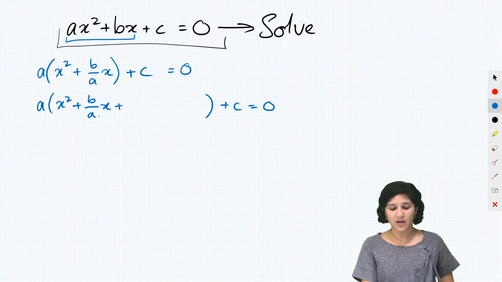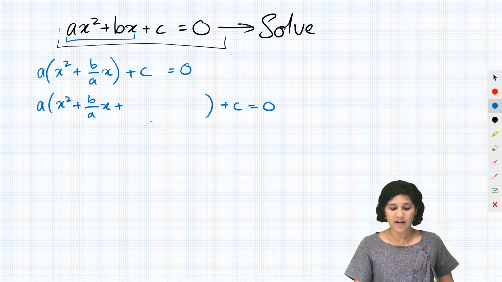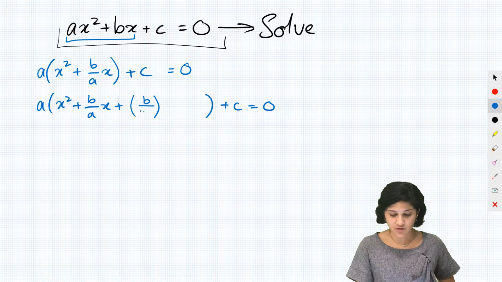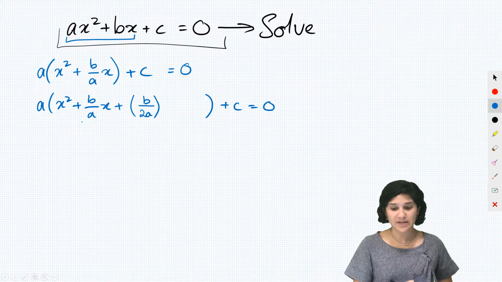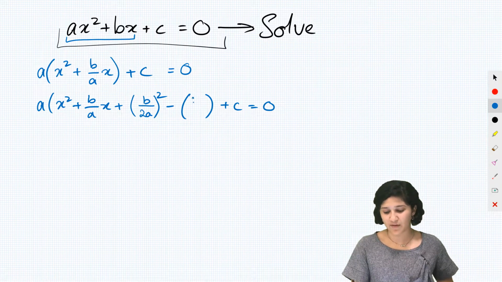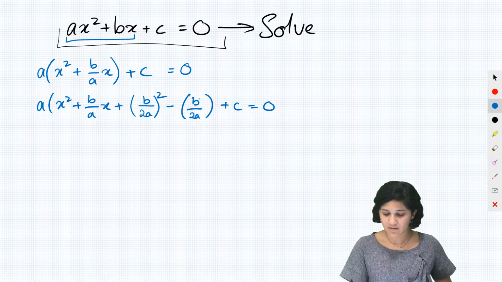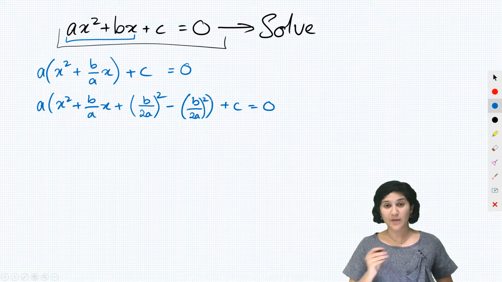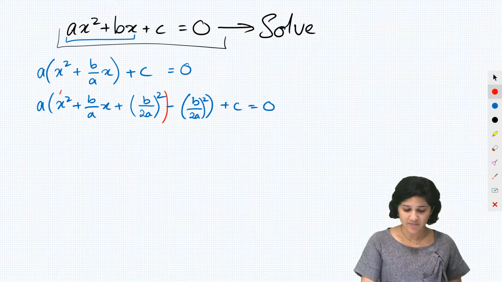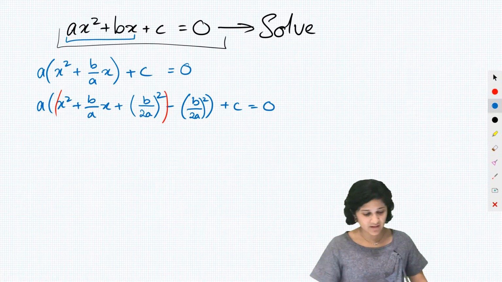Okay, now I need to have half of the coefficient of x, so I literally do just that. b divided by 2a, so that's half of this, squared. And now I need to subtract the exact same thing. Alright, so I haven't changed anything, but I've made this part a complete square.